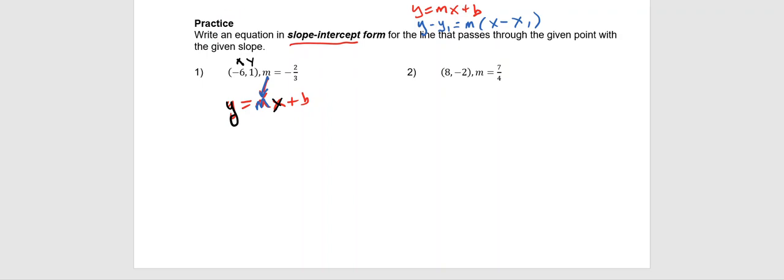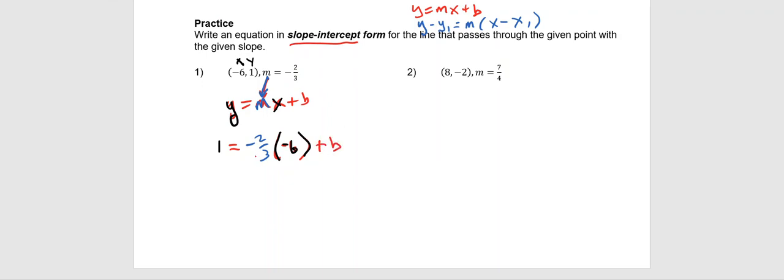So I can start out by substituting my y coordinate, 1, is equal to my slope, negative 2/3, times my x coordinate, which I know is negative 6 in this case. And what we're going to be left solving for is b.